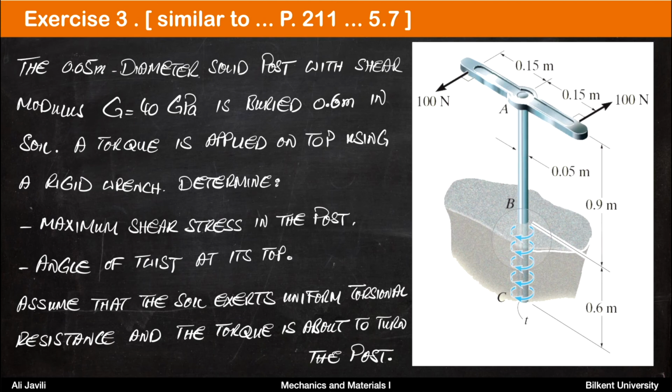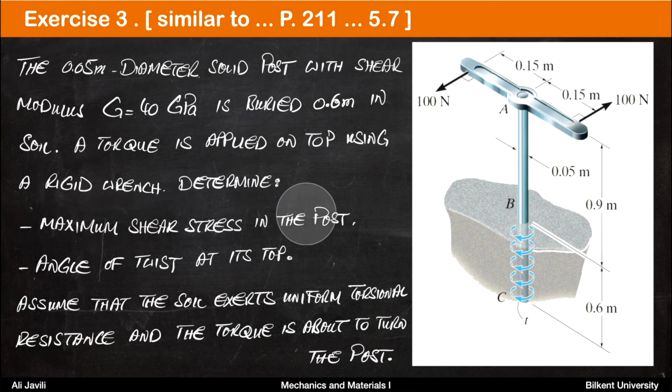Okay, so this is the post and it's buried at its bottom part, which is 60 centimeters. A torque is applied on top using a rigid wrench. So you apply a torque on top here. Let's say you have a wrench and you apply 100 Newton on each side. So this whole structure gives you a couple. It gives you a torque.